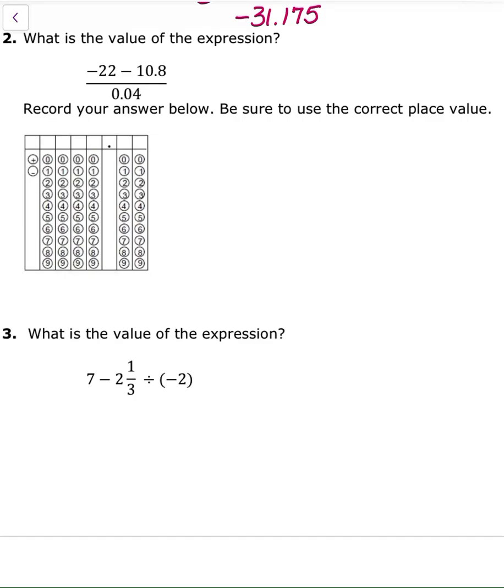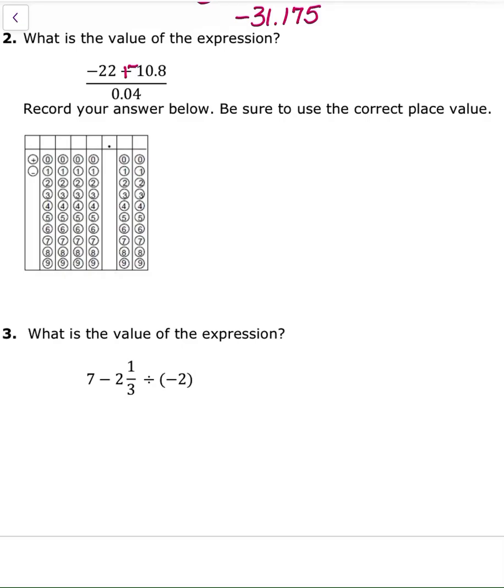All right. So let's see. We have negative 22, and then we have minus negative 10 and 8 tenths. Okay? Some people like to say less negative means it's more, less positive means it's more negative, and they like to say keep, change, switch.